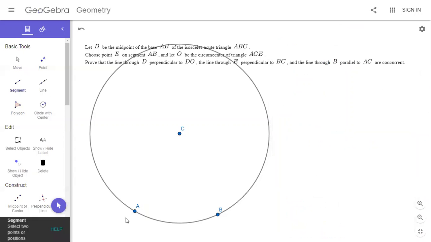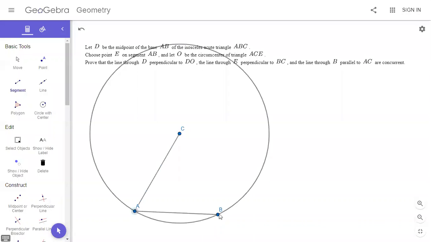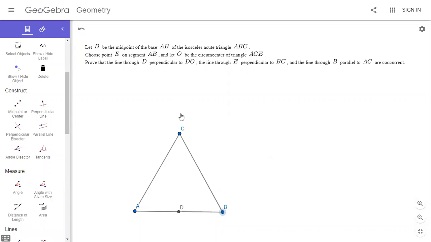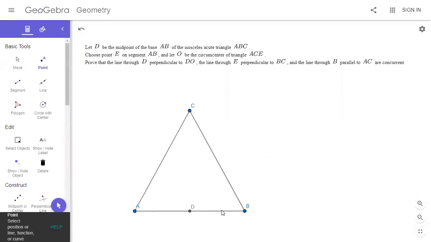All right, so I'm going to hide the circle. D is the midpoint. All right. Choose point E. So E is any point on AB.